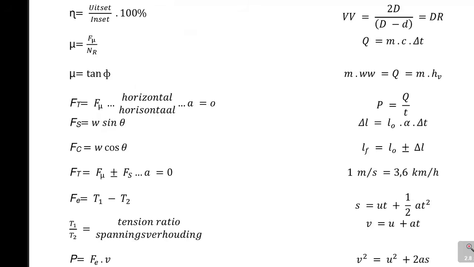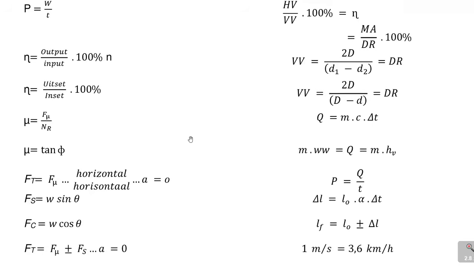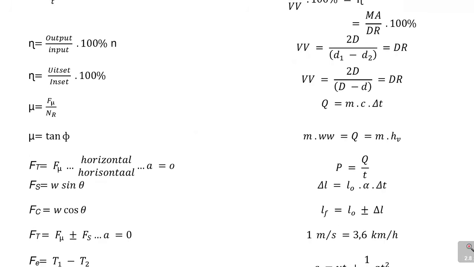If we go also to the formulas, at the back of your paper you'll be given formulas. There are quite a few things that you need to be aware of. The first one is the efficiency, which is output over input as a percentage. We also need to know this formula: heat energy is mc change in T, which is mass times specific heat capacity of that substance times the change in temperature.